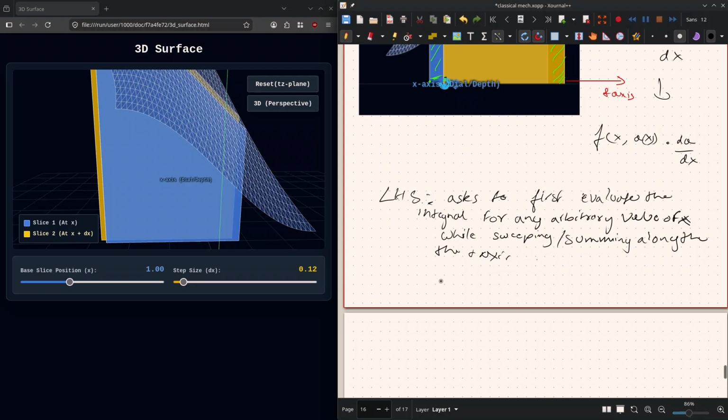And then we simply differentiate that, and it tells us how much the area changes when we take a small step dx.